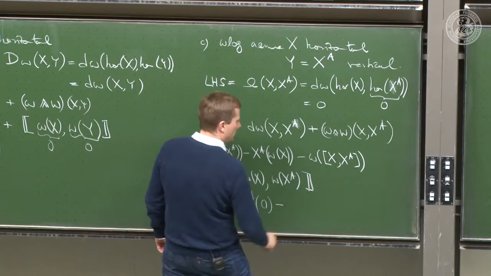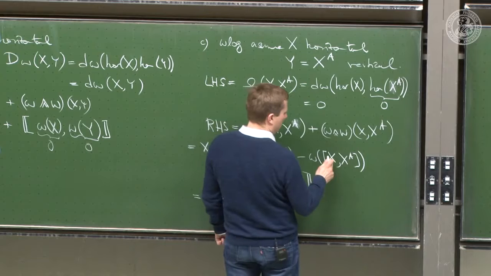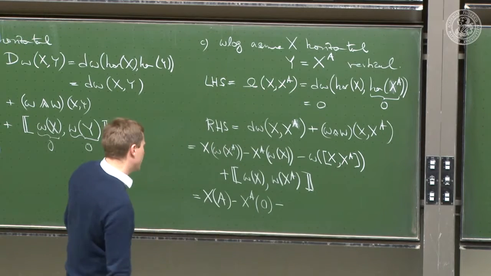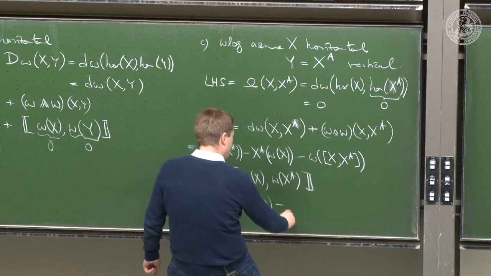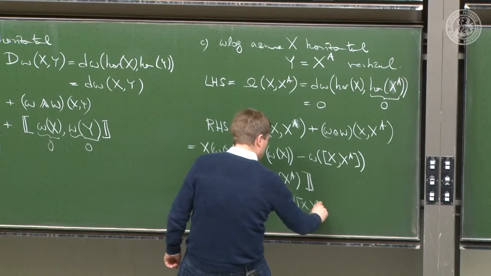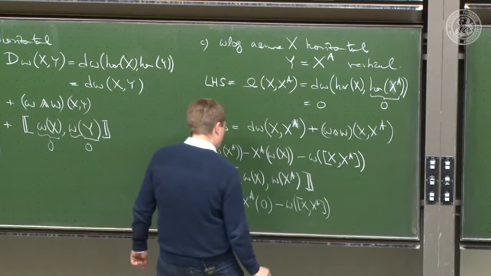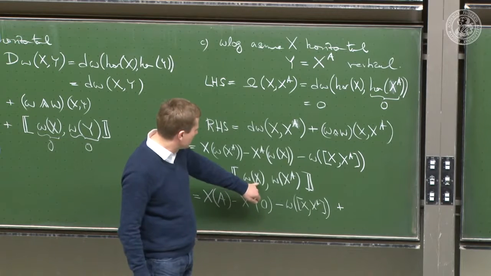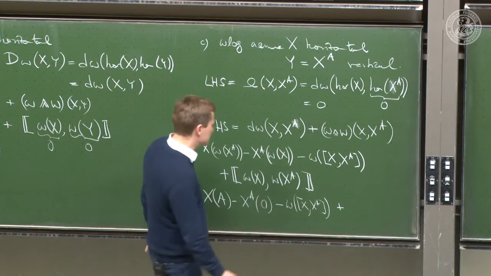Now, the crucial point is here, you have a horizontal field together with a vertical field. We'll have to think about this. So let's just keep this here, x comma XA. And then back here, you have the omega of a horizontal field, and you know that that is 0.